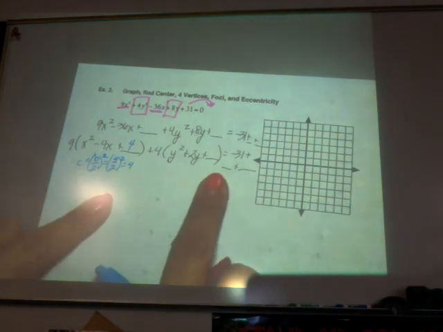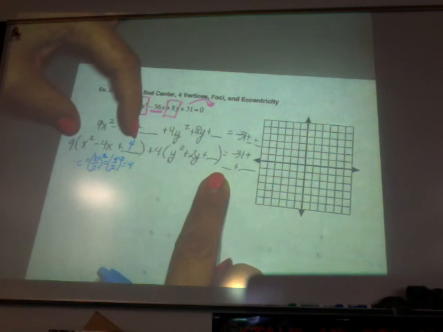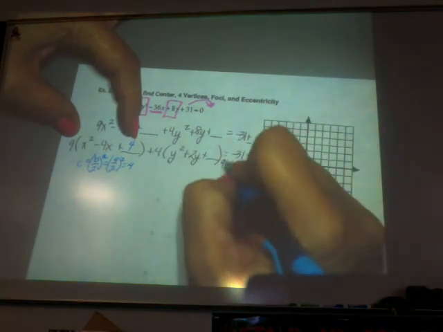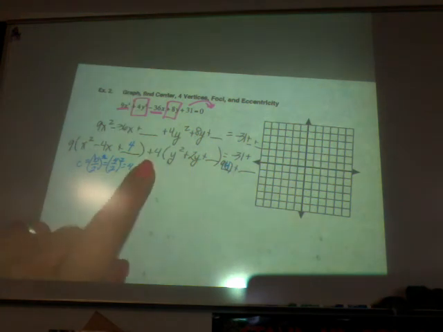Why? What do I actually add? I'm taking it out of the parentheses, so I do have to multiply the 4 times the 9. So if I were you, I would put here 9 times the 4, so you remember where that 36 came from. Don't just put 36 in your notes because you'll forget how did I get that. Then complete your square here. Make sure you multiply it by 4 before you put it on that blank.